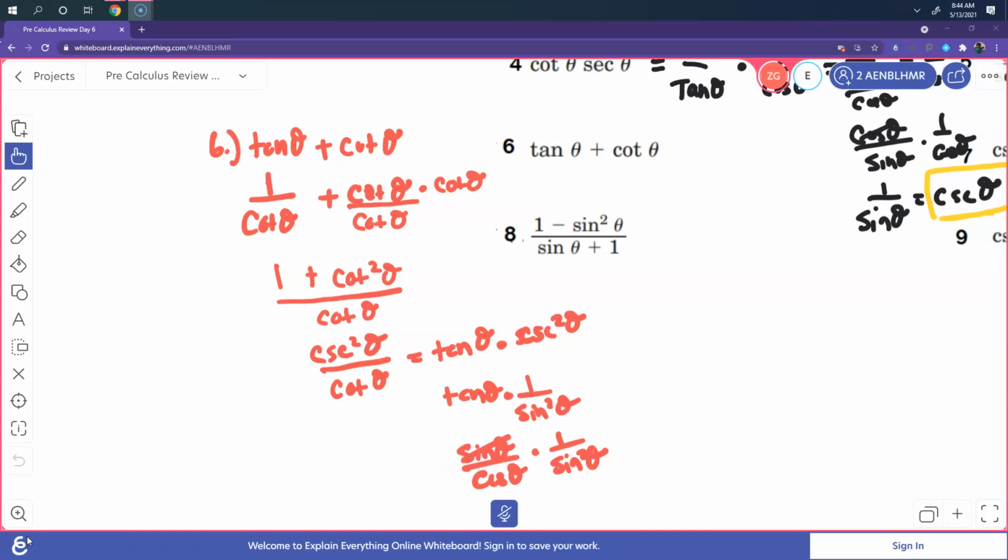So sine theta cancels, and then one of the sines cancels. So you have 1 over cosine theta sine theta. Now if you don't want cosine theta sine theta, then you would write it as secant theta cosecant theta.